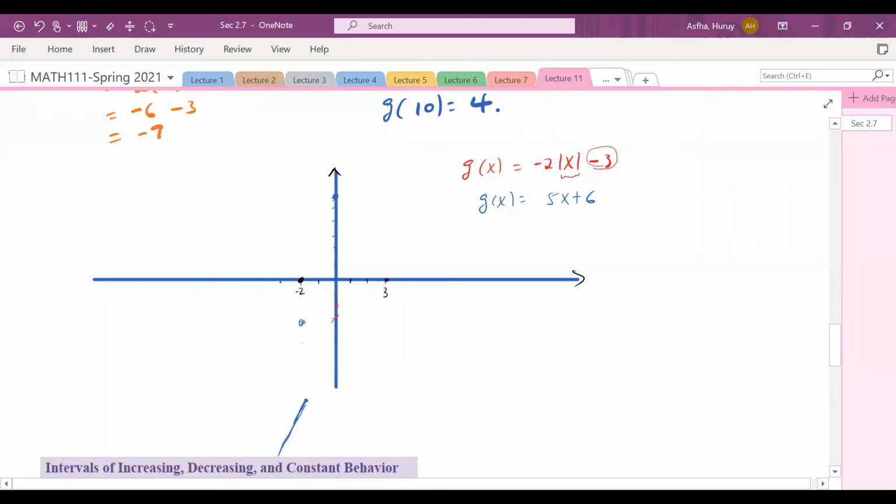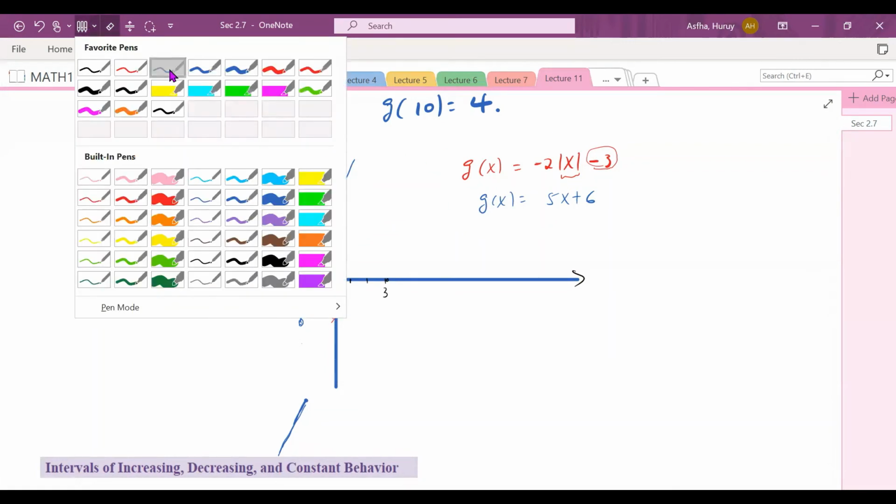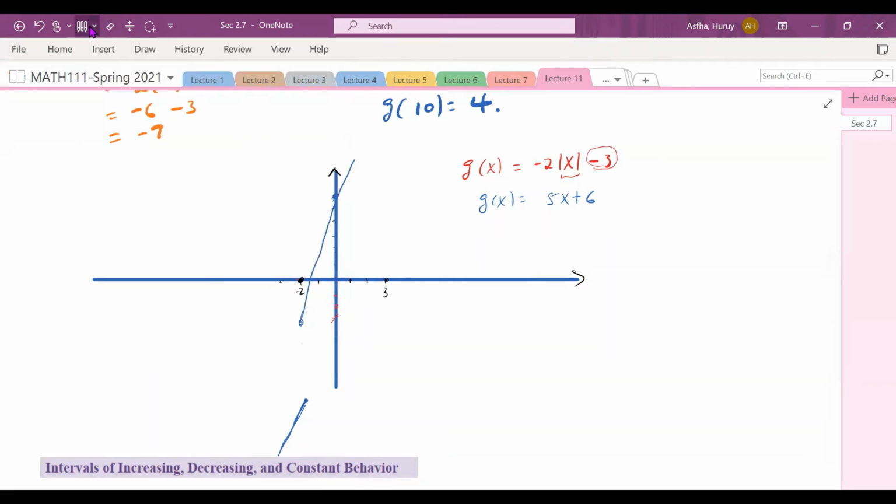So here we have something like this. And what's the x-intercept? It's going to be negative 6/5, so somewhere in here, and the graph will be something like this. Well, I don't need this because it's only up to a certain point.